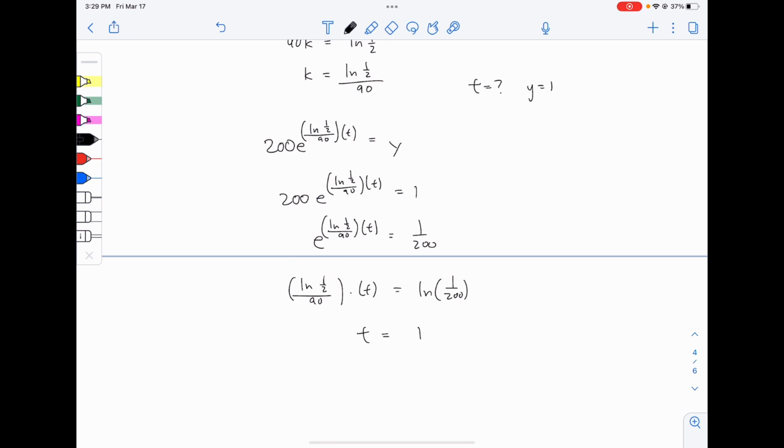Your time is equal to ln of 1 over 200 divided by ln of 1 over 2 over 90. If you plug this into your calculator, or just leave it like this if it's a written question, your answer should be 687.947 years. Typically, they only want 1 or 2 decimal places, but if they don't say, more is usually better. But they typically say.